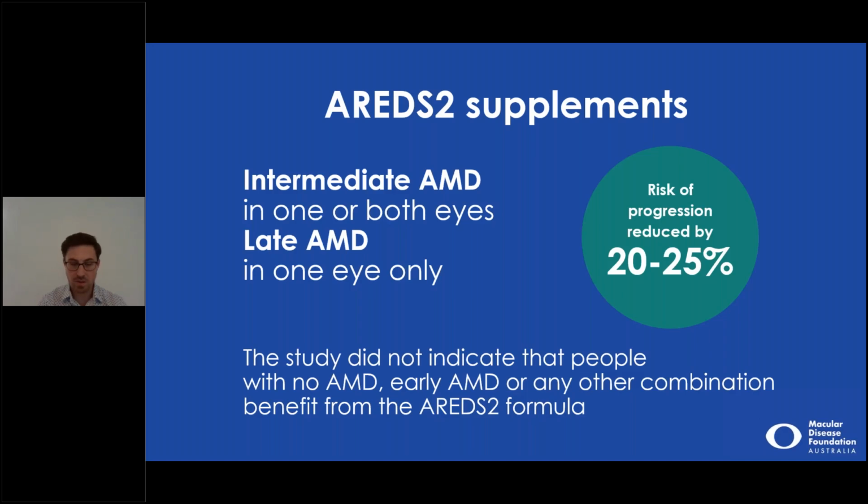Now, it's important to note that the study did not indicate that the formula benefits those without AMD, people with early stages of AMD, or any other combination of the disease that is not specifically mentioned here.